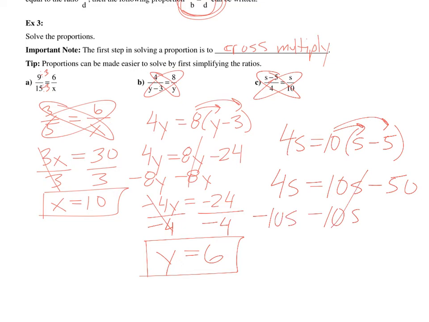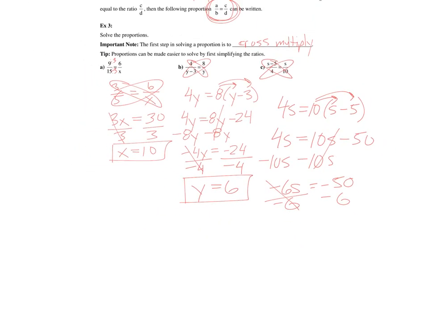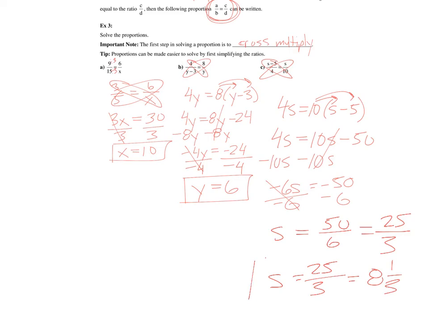I get negative 6s is equal to negative 50. Divide by negative 6. And I get 50 over 6, which is the same as 25 over 3. And that's what s is equal to, 25 over 3, or 8 1/3. Done.